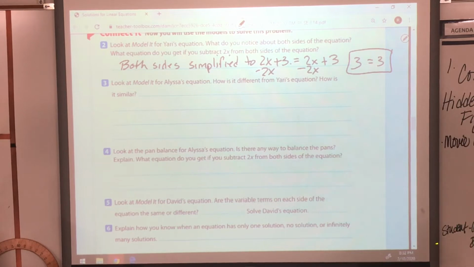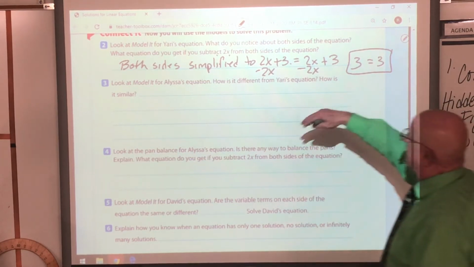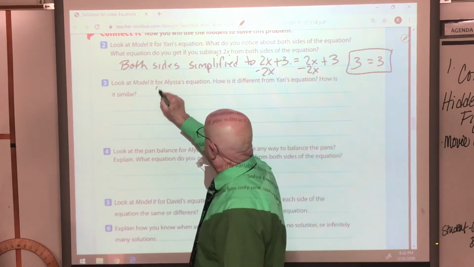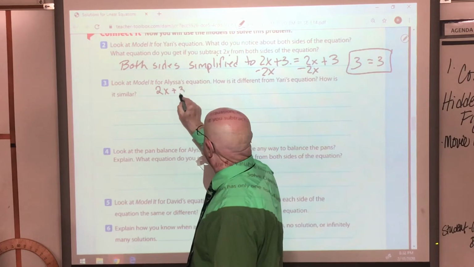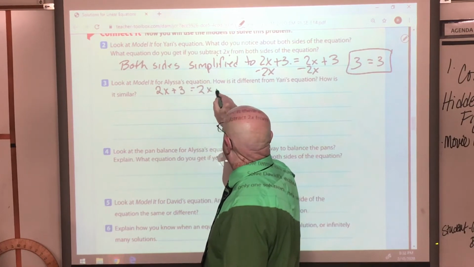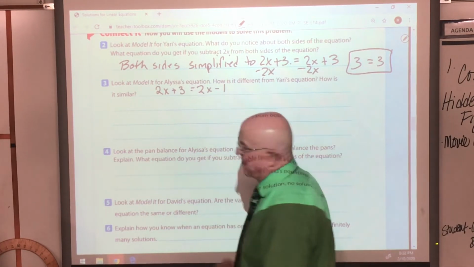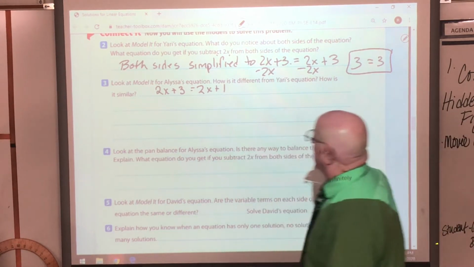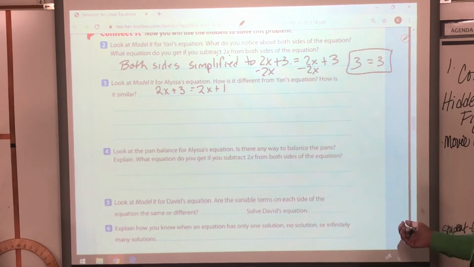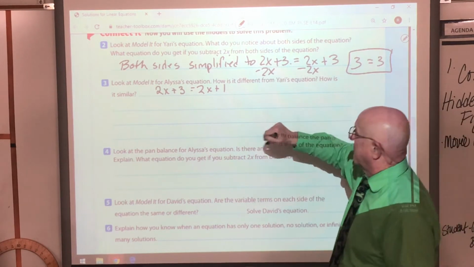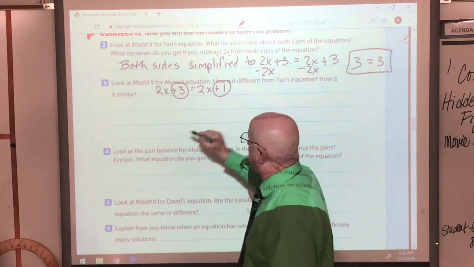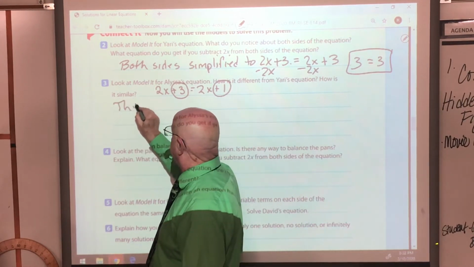Then we look at Alyssa's equation, and they want to know how Alyssa's equation is different. Well, if you remember Alyssa's equation, it came to 2x plus 3 equals 2x minus 1. I believe it was minus 1, plus 1. All right? So how's it similar? Well, how's it different first? It's different in that the constant values are different, right?